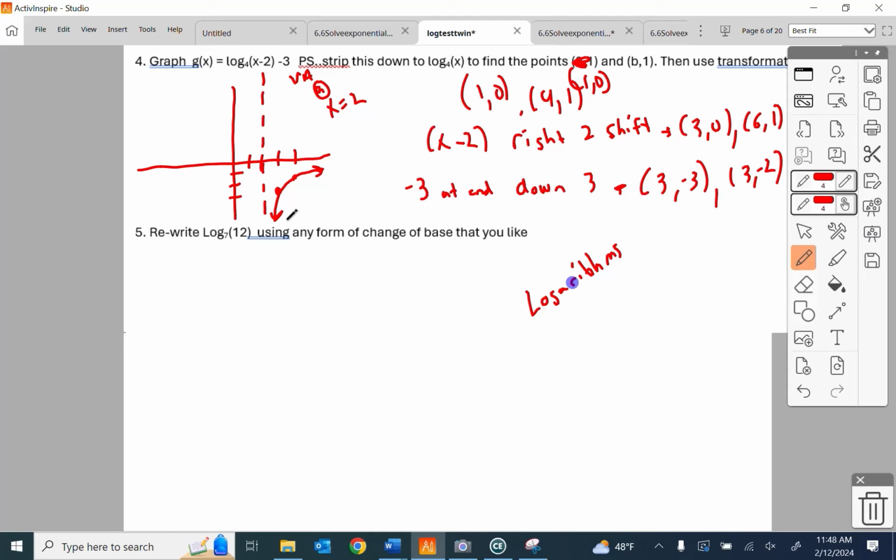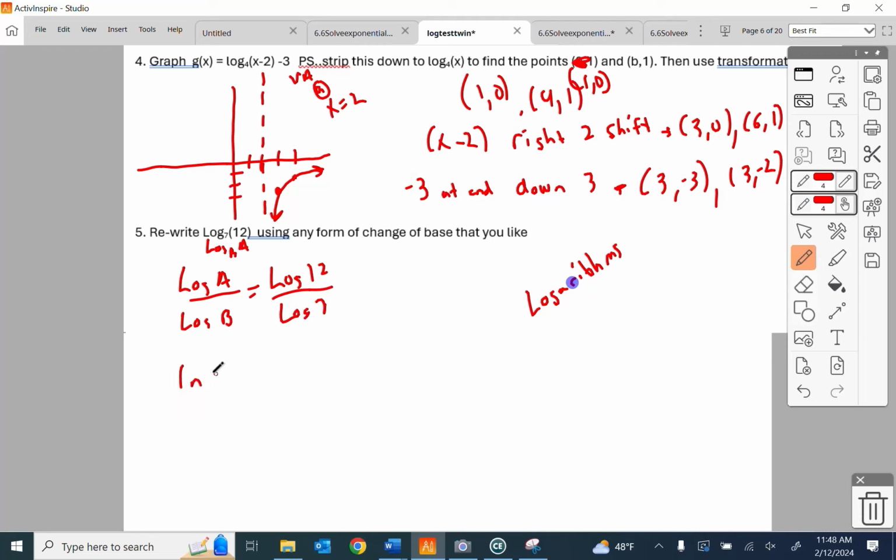All right, rewrite log base 7 of 12 using any form of change of base that you like. The first one would be obviously log A over log B. Remember, log is Bay. In this case, log is Ba. So this would be log 12 over log 7.